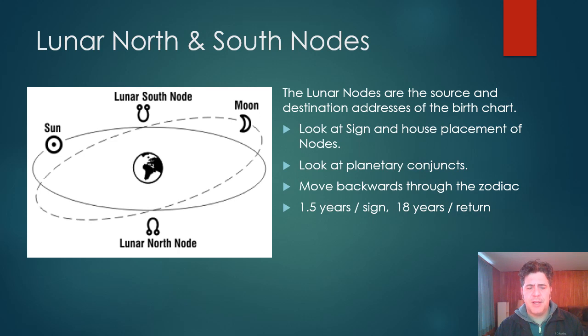Just be aware that the nodes move backwards through the zodiac, because the intersection points move the opposite direction of the moon. The moon moves this way. The sun appears to move this way, while the lunar north and south nodes move the opposite direction.